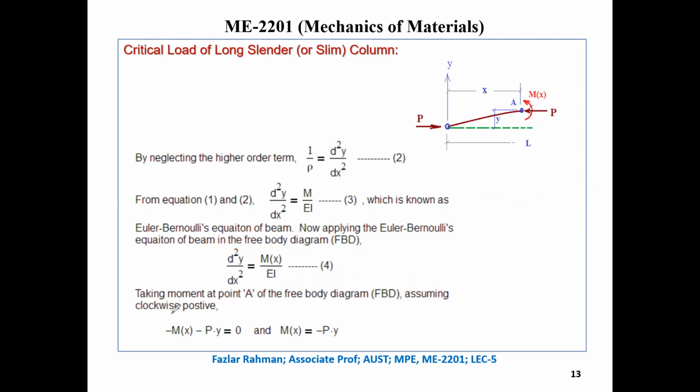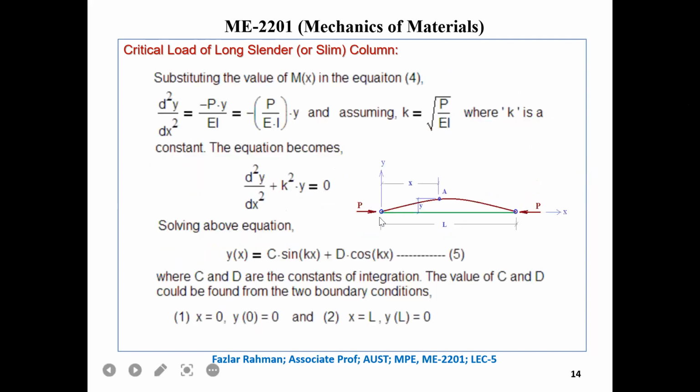So you look over here, d square y by dx square equals minus Py by EI. Then just rearrange this equation to P by EI. For simplification, to solve the differential equation, we take this value equal to k square, a constant.